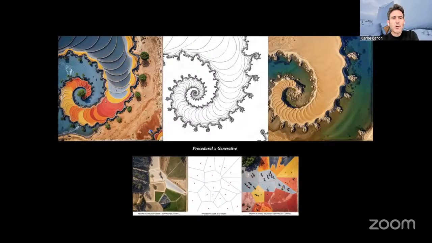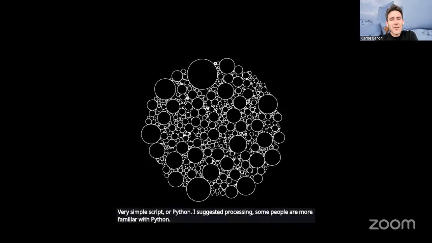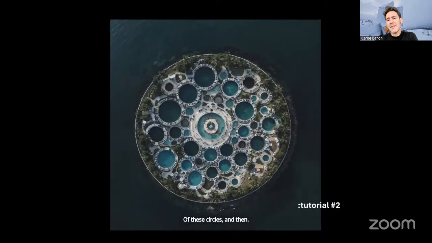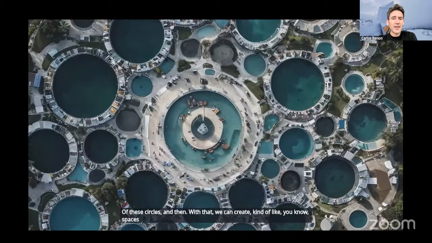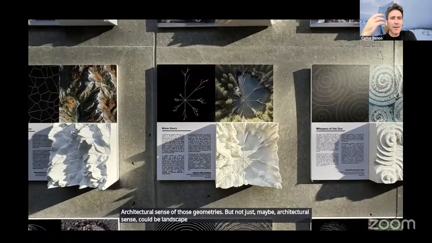The idea was to vibe code, prompting directly to create algorithms that could create circle packing. And then with that, we can create spaces like interconnected swimming pools, and try to make architectural sense of those geometries. But not just architectural sense, it could be landscape, land art sense as well.